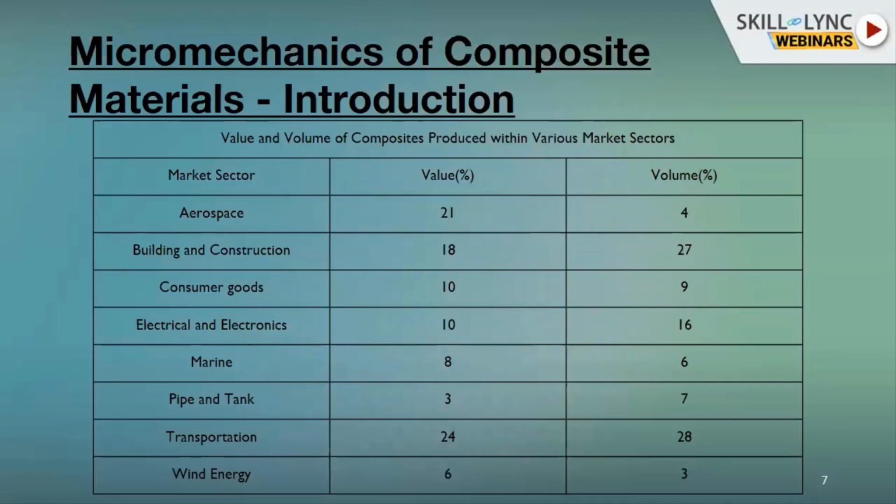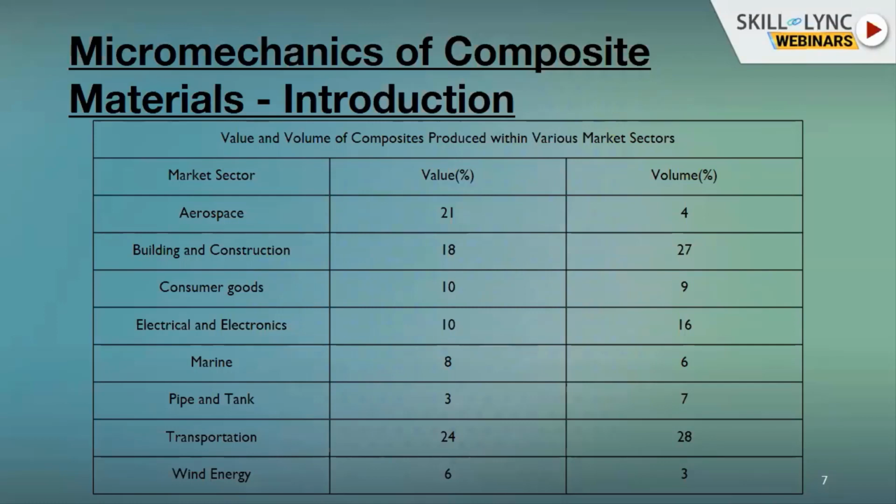And in consumer goods, we have 10% by volume and 9% by value. Coming to electronics and electrical components, again we can see a good amount: 10% by value and 16% by volume of these parts are made up of composite materials.